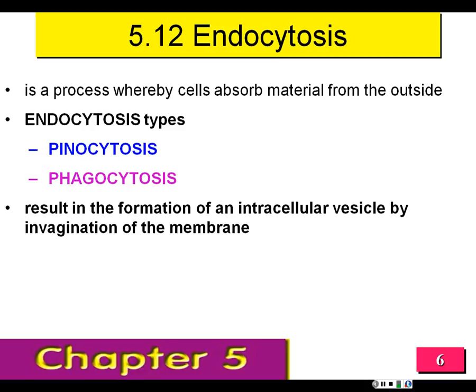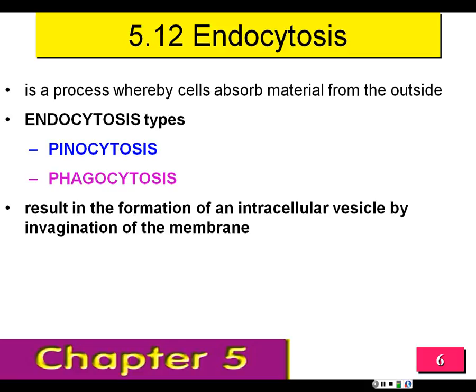Okay, so in order for us to make this vesicle, or to get the contents that are outside of the cell, here's my cell, and here's the membrane. It says in order to get the stuff in, the membrane has to do what?